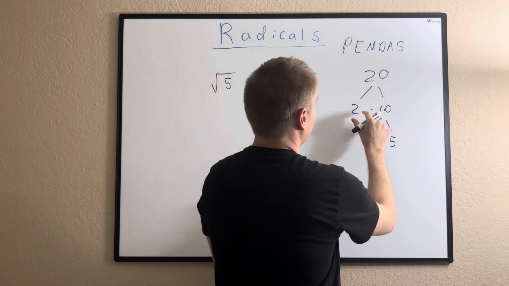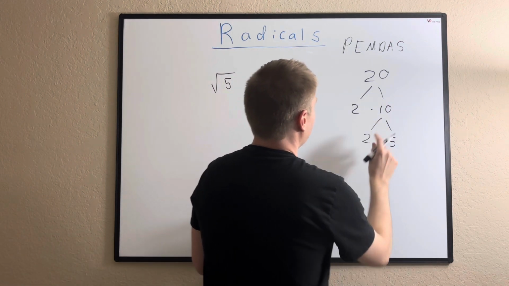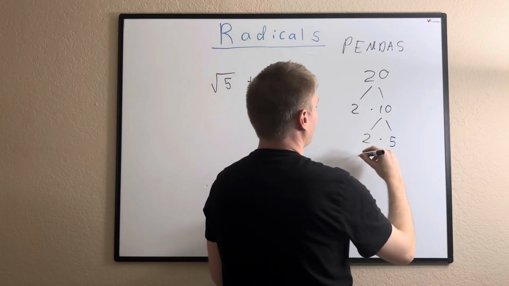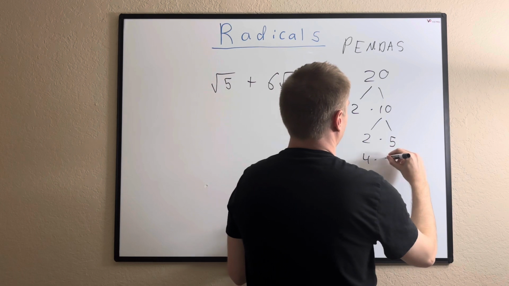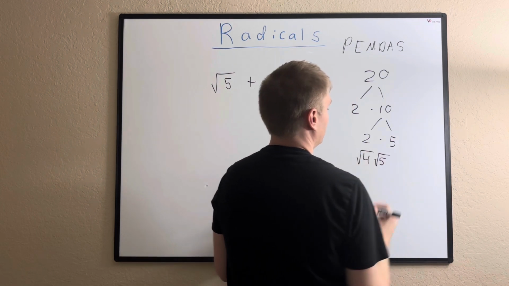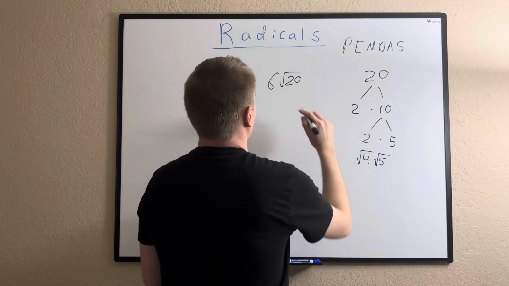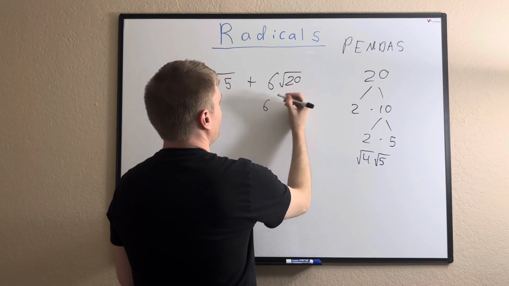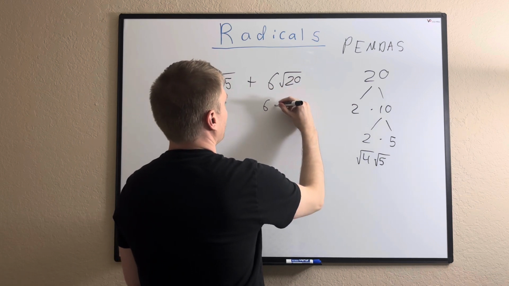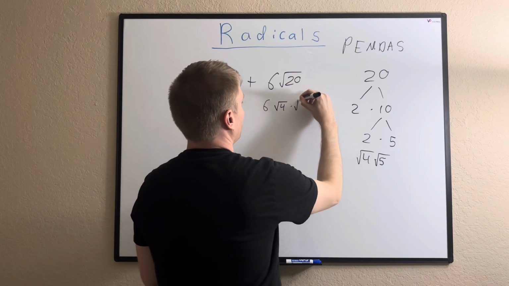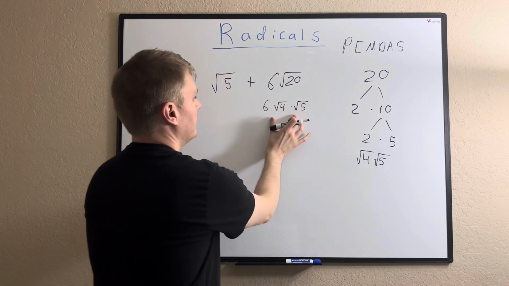So that's interesting. So we can take a 2 out, right? Because that multiplied by itself to get 4. So there's a 4 times 5 in there. That's a perfect square. That's not. Square root of 4 is 2. So when we move that 2 out, it's multiplication, right? Let me write it down like this first.